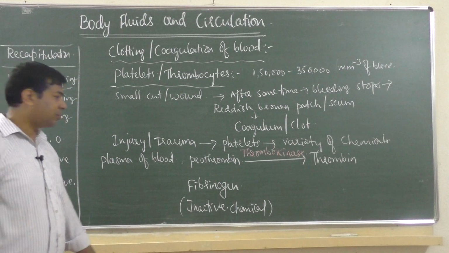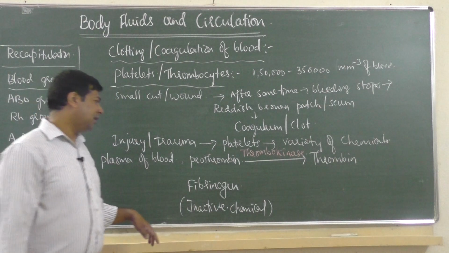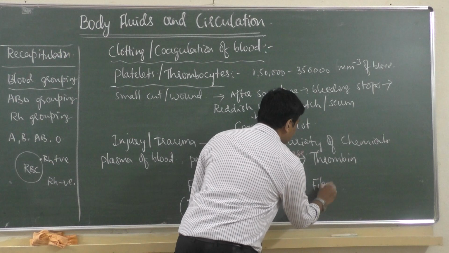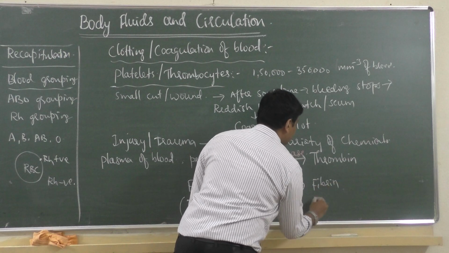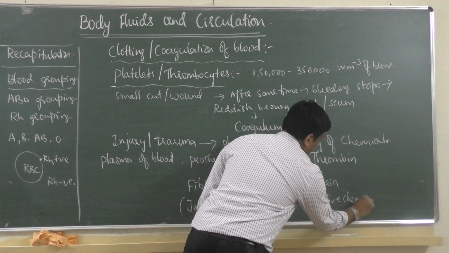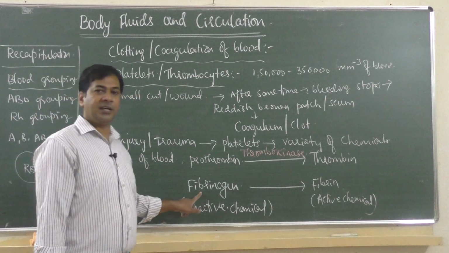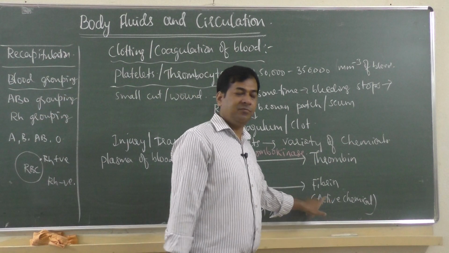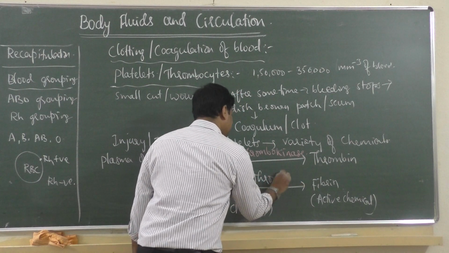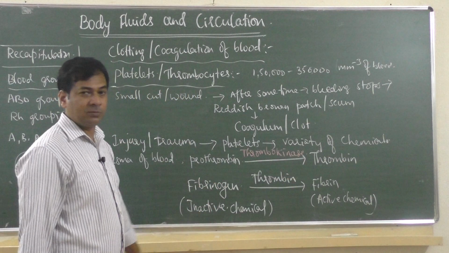So the next chemical is fibrinogen, in the inactive form, and inactive fibrinogen is converted to an active chemical called fibrin. For the conversion of inactive fibrinogen to active fibrin, this thrombin helps. So now you understand why thrombin is produced.